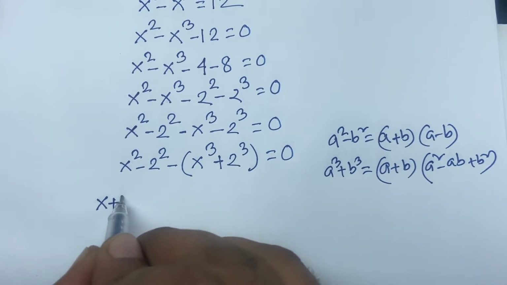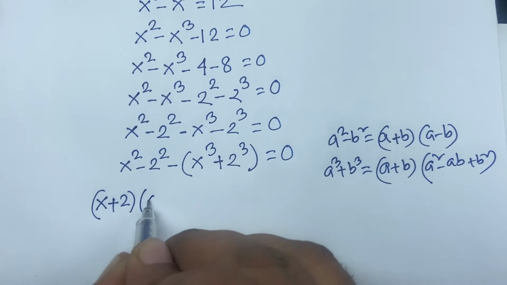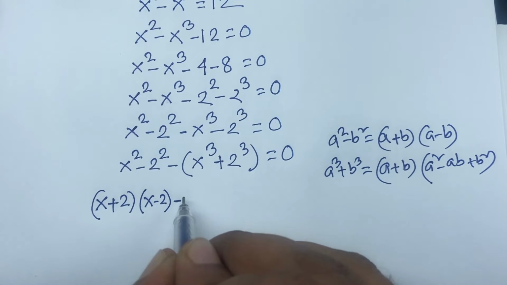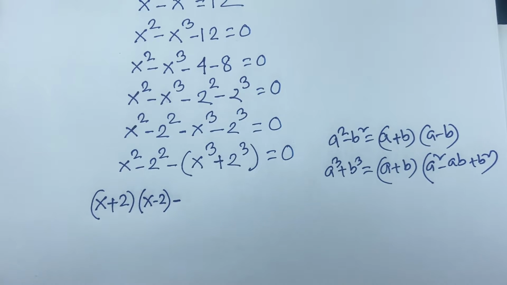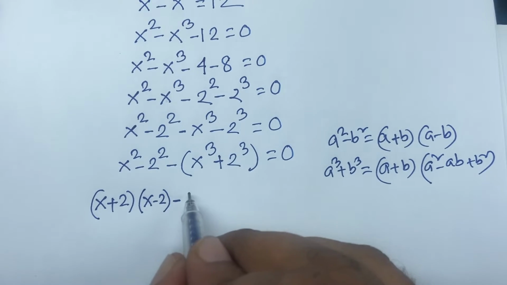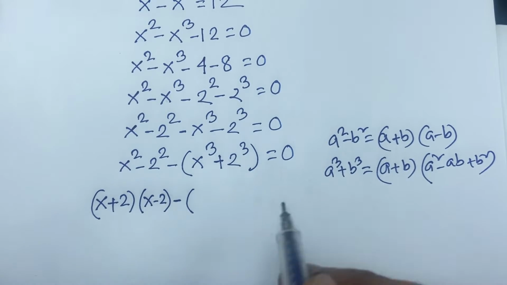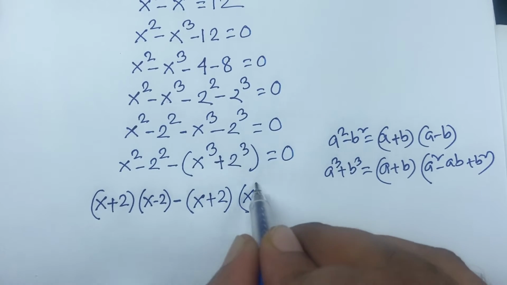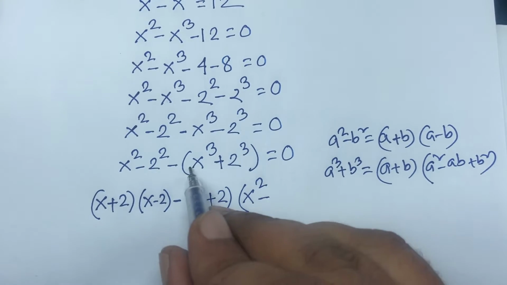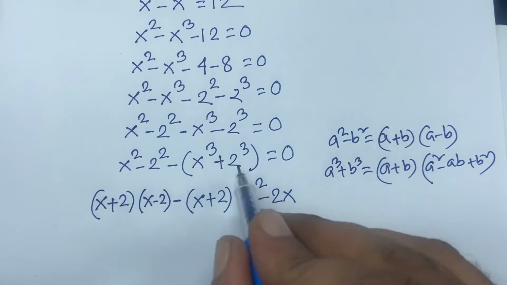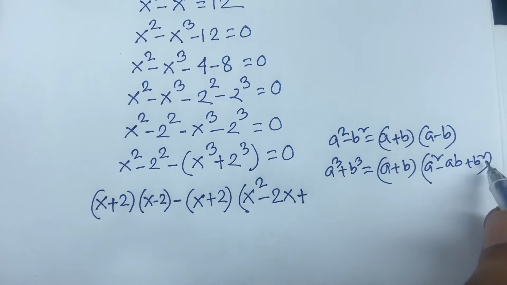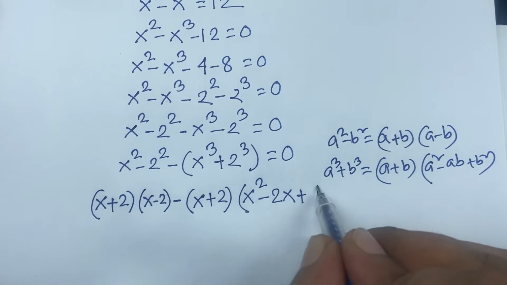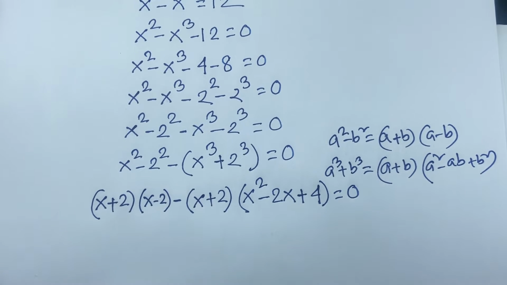According to these rules, this equation will be x plus 2 times x minus 2 minus, and in this case using the a cube plus b cube formula, it will be x plus 2 times x square minus 2 times x, twice x, plus 2 to the power 2, so it will be 4, is equal to 0.